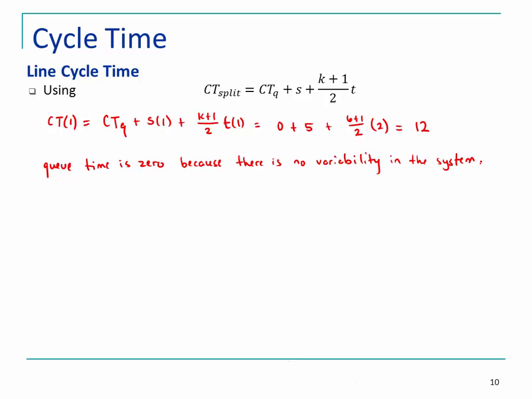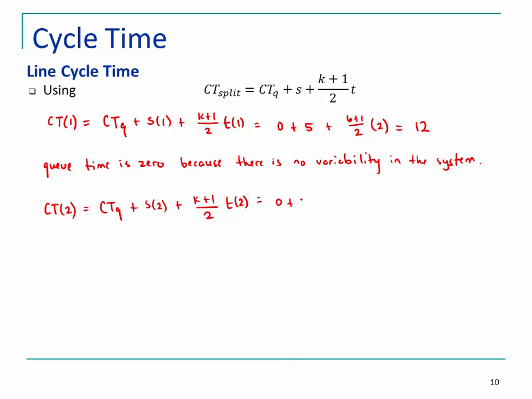So we can estimate the cycle time for the second and third stations in a similar way. CT2 is going to be equal to CTQ plus the setup of the second machine plus (K plus 1) divided by 2 times the processing time for the second station.